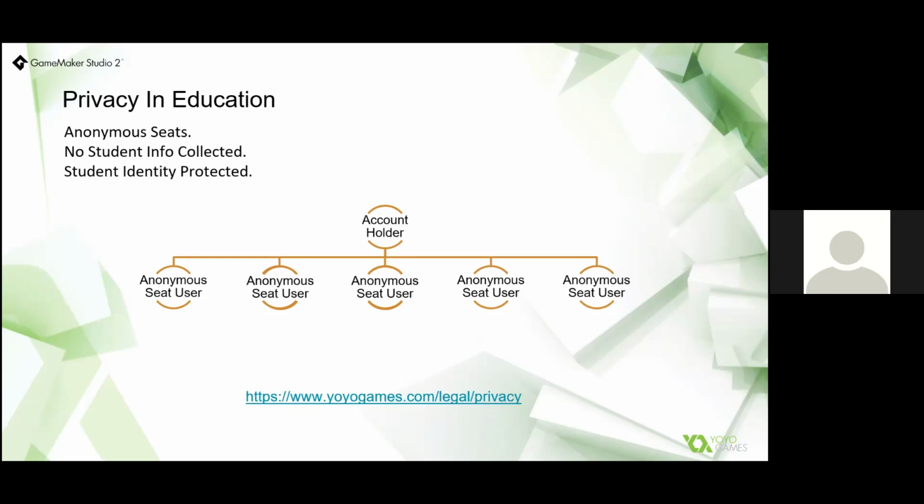The only information that is needed for a seat are a username that you set and a password that you also set. No personally identifiable information is collected by us for any seat user. There's more information in our privacy policy and the specific section on our approach to education if you follow the link on this slide. We're also approved for use by educationframework.com.